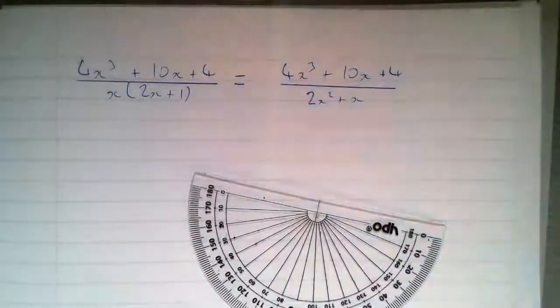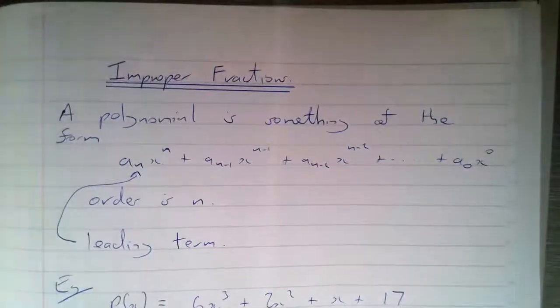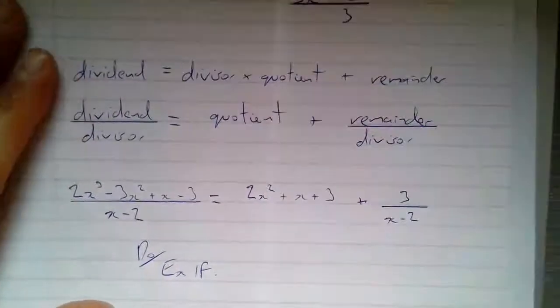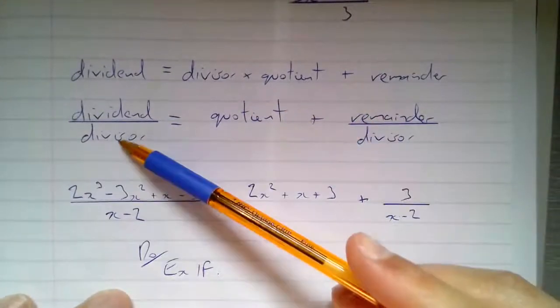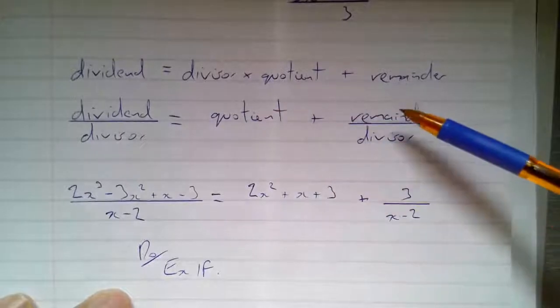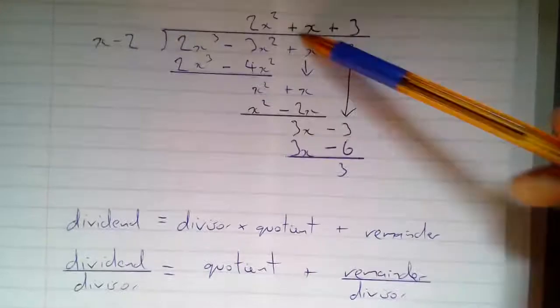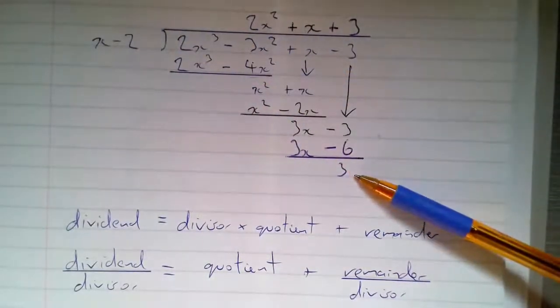And then I'm going to use a fact we had yesterday: dividend over divisor, in other words the fraction, is equal to quotient plus remainder over divisor. So we're going to start doing long division, but we're not necessarily going to have to go all the way down to the end.